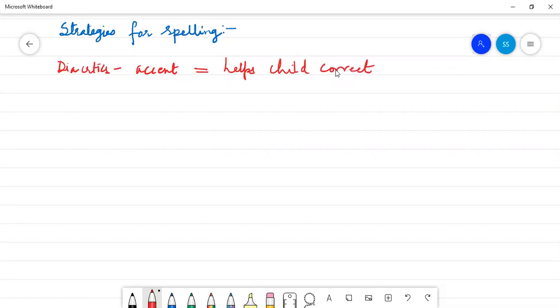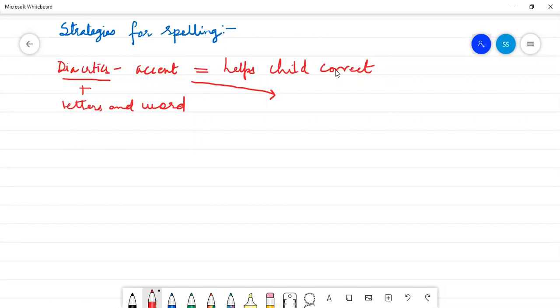Okay, and spelling is not only with the diacritics, but it also involves letters and words. So these are the combination where the spelling comes through actually.